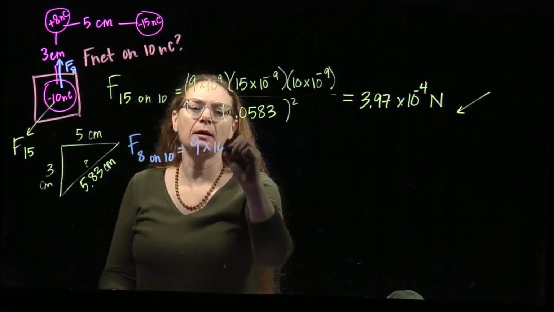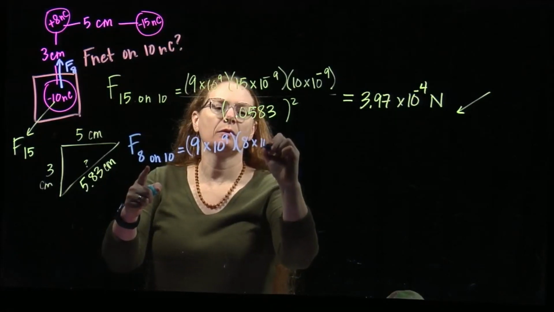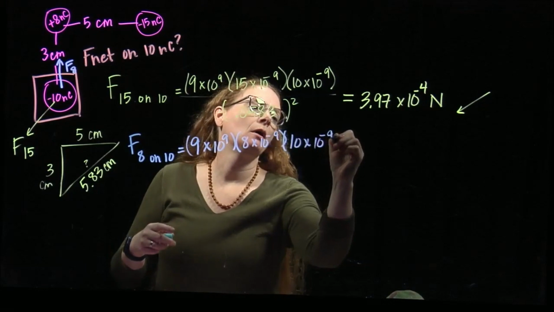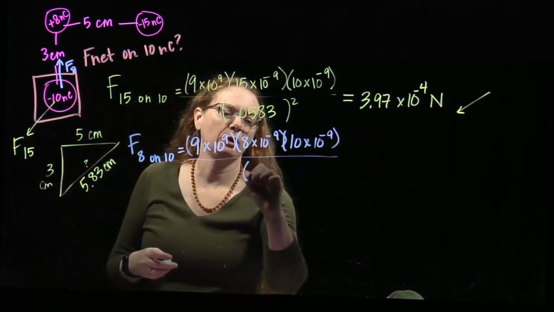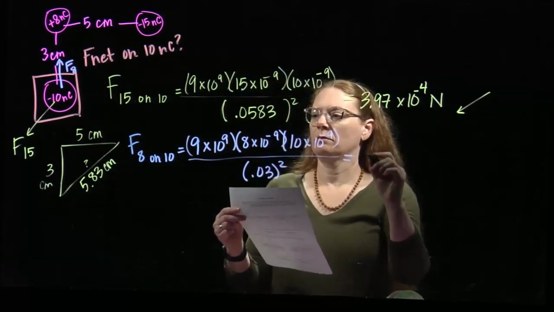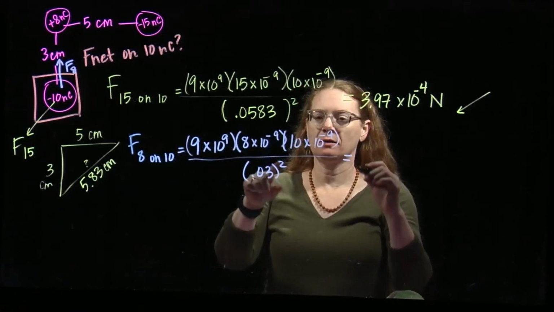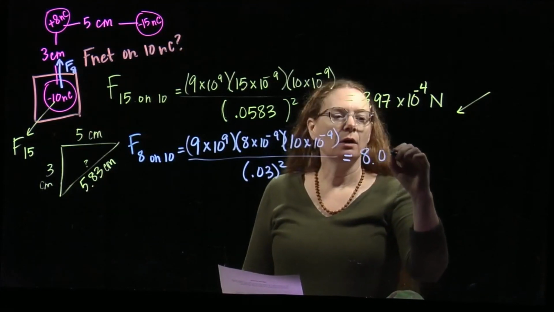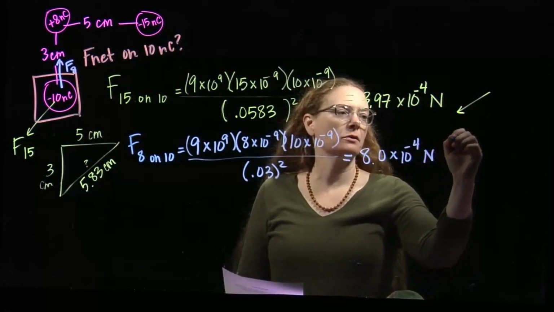Same deal, 9 times 10 to the 9, and 8 nanocoulombs acting on 10 nanocoulombs at a distance of 3 centimeters, 0.03 squared. Oh, look at that, that's a 3 squared, which is a 9, so this is going to come out to be an 8 times something: 8.0 times 10 to the minus 4 newtons, and the direction for that is straight up.